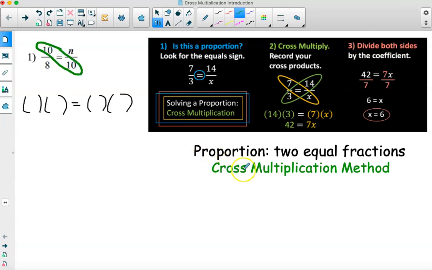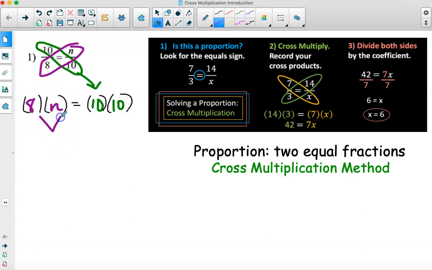That's why it's called cross multiplication. So I multiply across and I multiply 10 by 10. And then I'm going to choose a different color and I'm going to multiply across 8 multiplied by n.